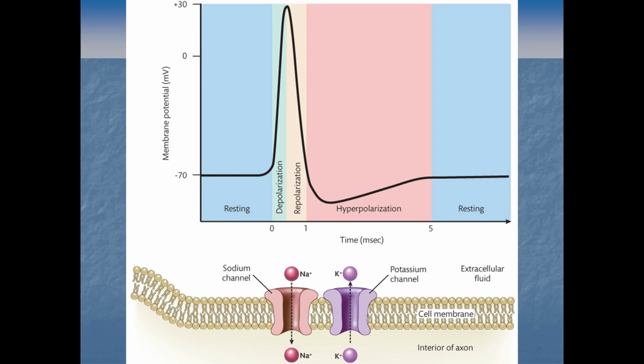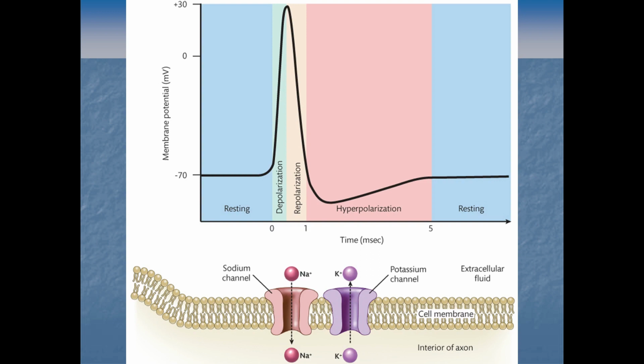At some point, if it reaches a threshold, a sort of cutoff, which is often around negative 35 or negative 40 millivolts, it starts a runaway chain reaction process that makes the neuron fire. You can see it shoot up to a positive charge here. That's the neuron firing. And then it goes back down to its resting state.